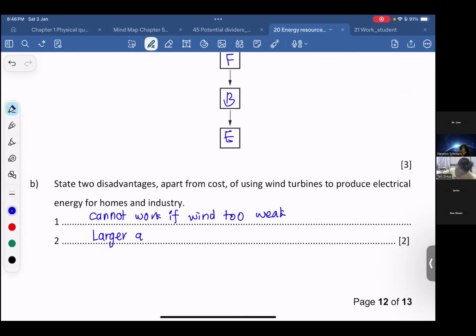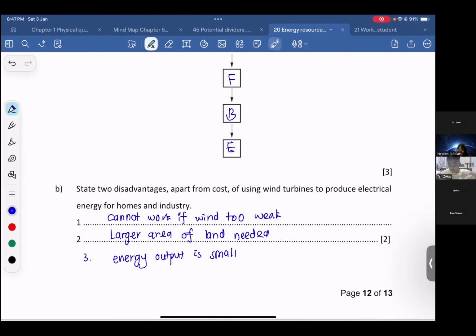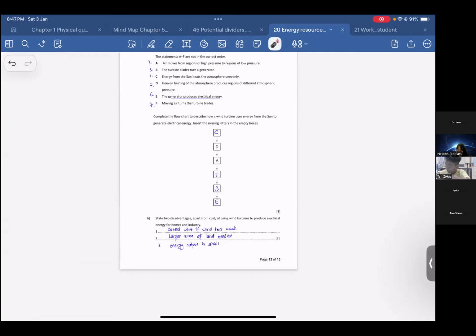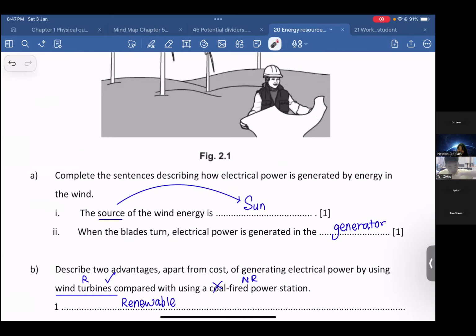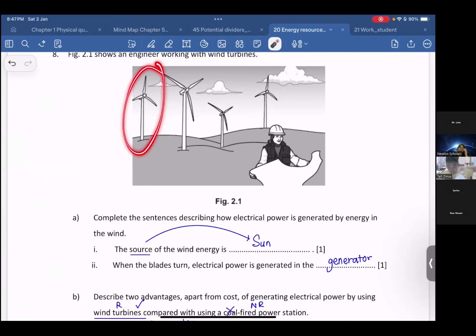Larger area of land needed. Okay, what else? Energy output is small. Why do we say that a larger area is needed? It's because if only one, the energy that we produce is a very, very small amount.